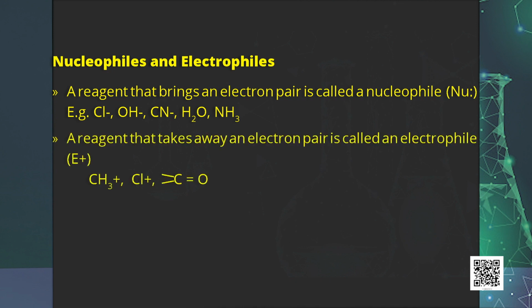nucleophiles. Now we talk about electrophiles. A reagent that takes away an electron pair is called an electrophile. Electrophiles may be either positively charged or neutral species. For example, methyl carbocation, chloronium ion, nitronium ion are the electrophiles carrying positive charge, while carbonyl functional group, boron trifluoride, sulfur trifluoride are examples of neutral electrophiles.